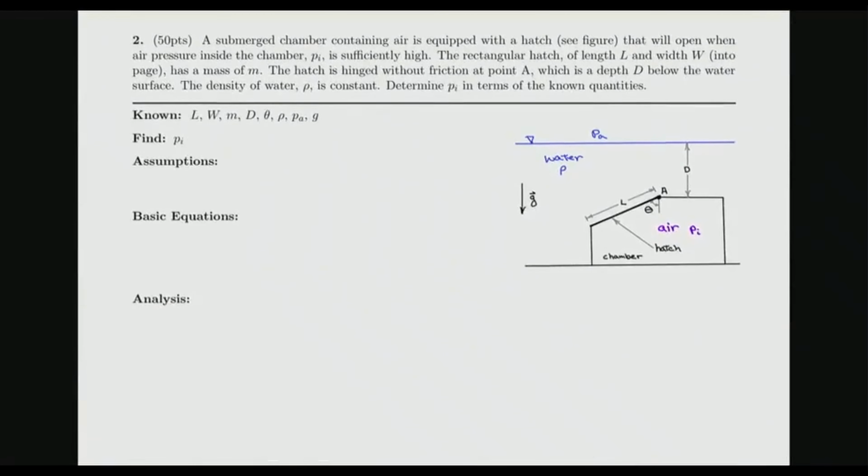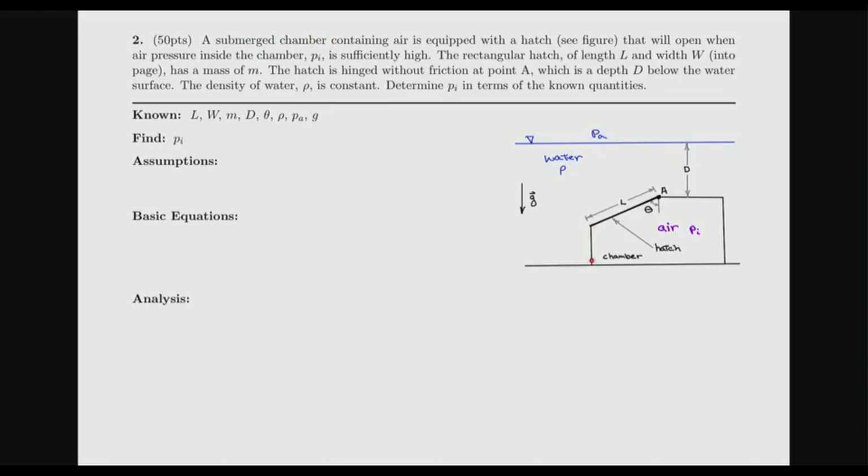Okay, so let me just now work out an example. I quickly put this in there, and this happens to be last year's midterm 1 problem, and I think it's very instructive. So we'll go over it. Okay. So, a submerged chamber.